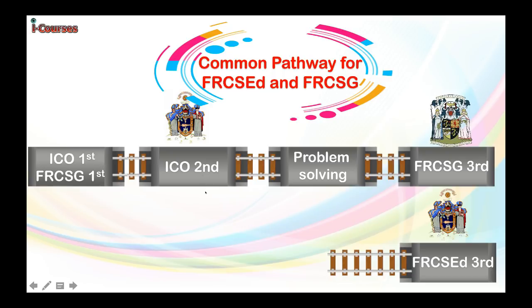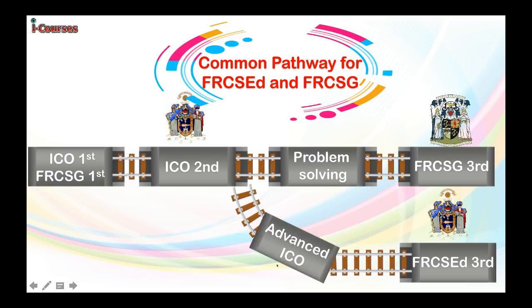After this, they will have to sit for the advanced ICO test, and this advanced ICO test will give them the Edinburgh membership. So if you are sitting for the second ICO next April, then after passing it, you have to sit for the advanced ICO test to be eligible for membership of the Royal College of Surgeons of Edinburgh.